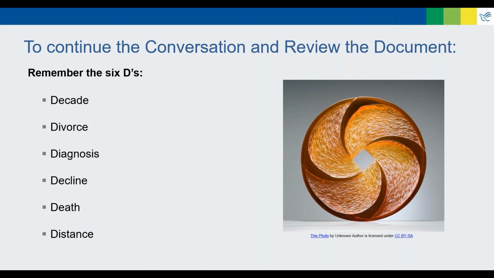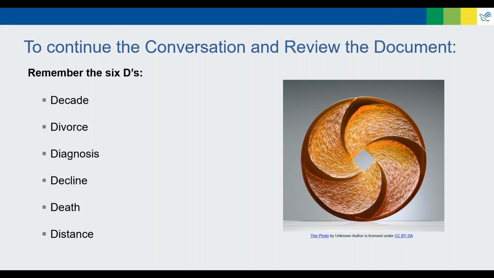And then it says death here. We're referring to the death of one of the people assigned on the document as well. Often when somebody very close to us, a trusted friend or companion or partner, spouse dies, this would be something that's easy to forget, but that person, because they were so close to us, might also be a healthcare decision maker for us. And so we would want to review and reassign those roles if that's the case.